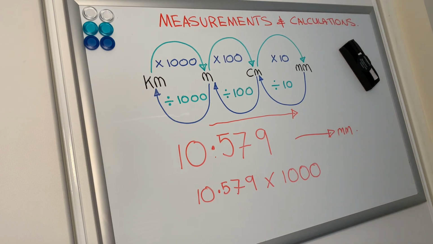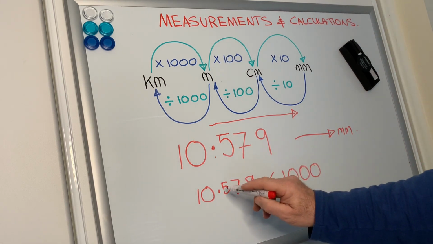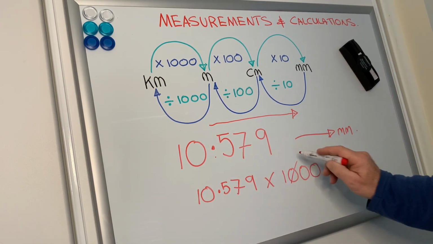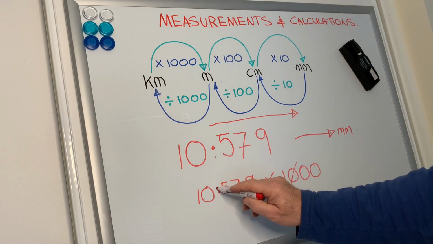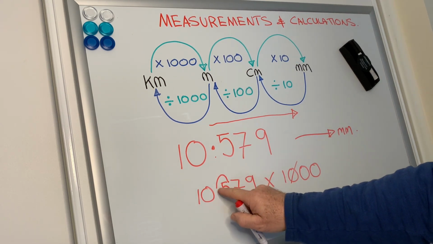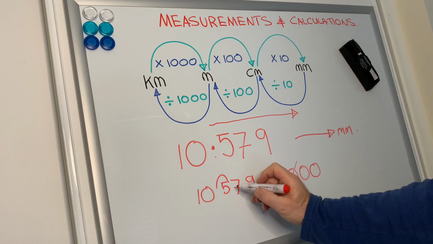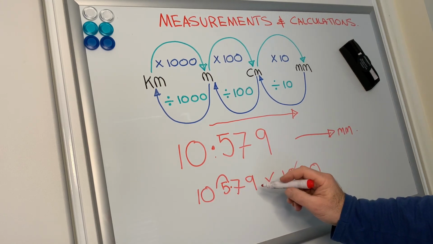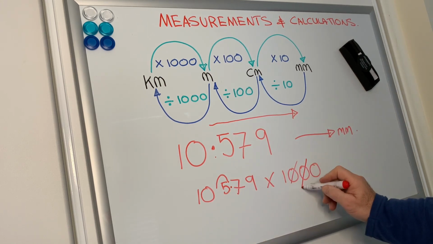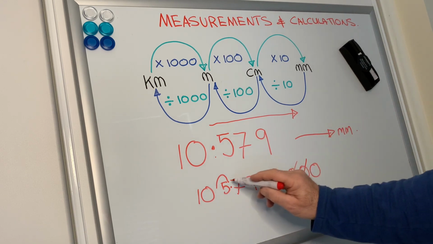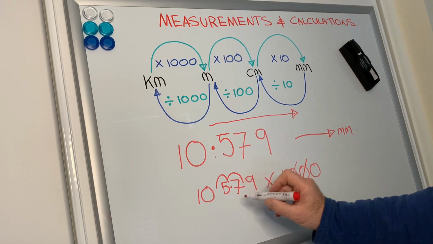Okay. So we're actually going to cross out this 0, and we're going to move the decimal point to there.